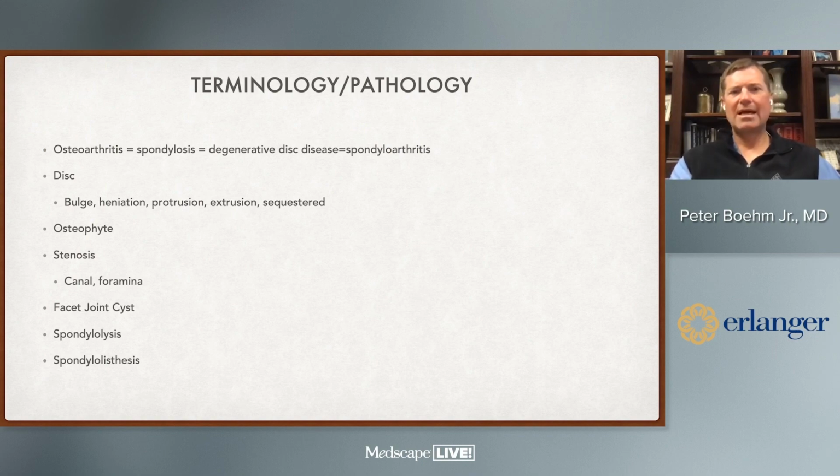Looking at words like osteophytes and stenosis, facet joint cysts, spondylosis, and spondylolisthesis are all terms that pop up quite frequently, but whether they're actually clinically relevant or not is sometimes difficult to assess and sometimes difficult to talk to patients about because they see a pathology read in a report, but it doesn't match their clinical symptoms and is often an incidental finding.